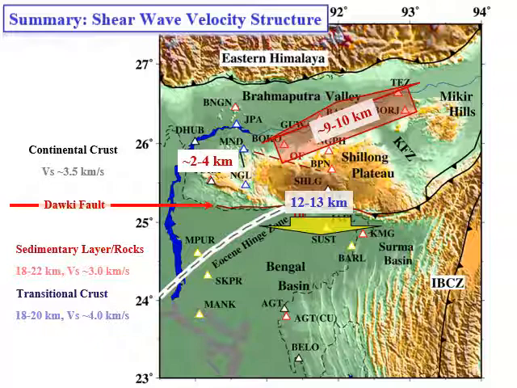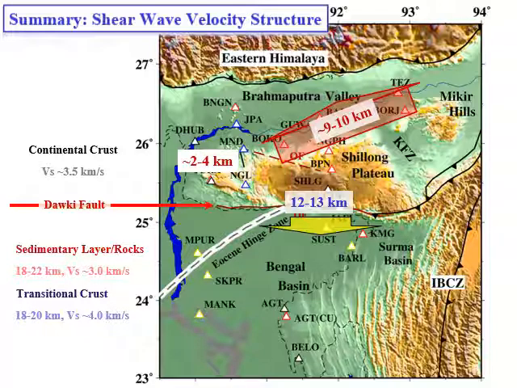The thinnest crust lies underneath the Shillong Plateau, which is about 30 kilometers thick, and there is an offset or a strong flexure towards the north of the Shillong Plateau, which increases the crustal thickness underneath the Brahmaputra Valley by about 9 to 10 kilometers.